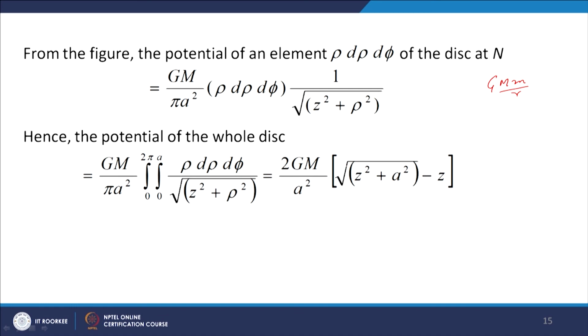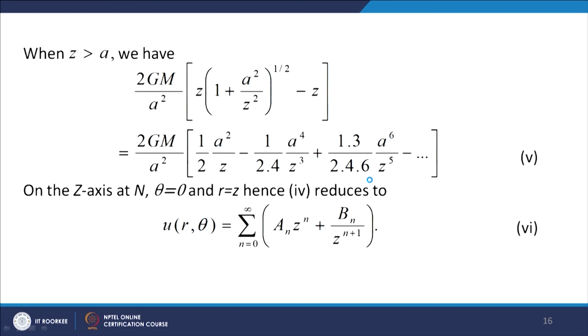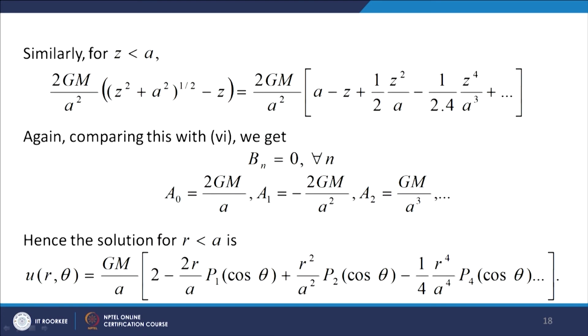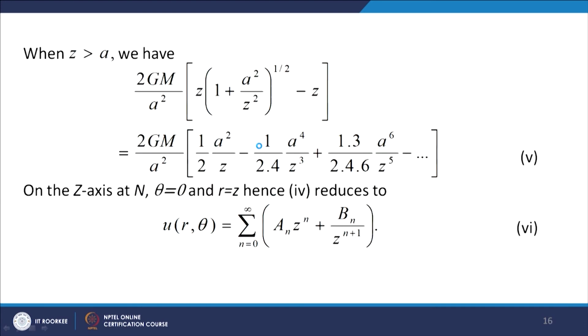So a times the square root of 1 plus z squared by a squared, where z by a is less than 1. So we can again expand it by binomial expansion, arrive here, and again compare this with equation 5, because we are getting this expression at the point N.